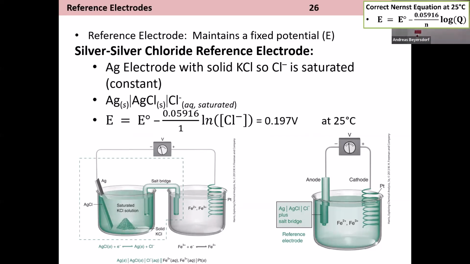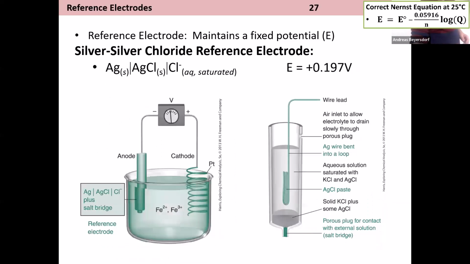What we can do is we can take this and put it into an electrode, right? One single electrode that will have your silver and your silver chloride inside of that one electrode. Here's an example, right?